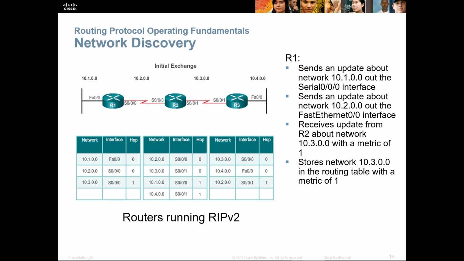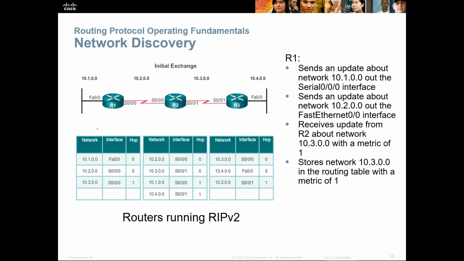Next, there will be some form of network discovery. On R1, it will send an update about the 10.1.0.0 network out the serial interface, and it will send an update about the 10.2.0.0 network out the FastEthernet interface.